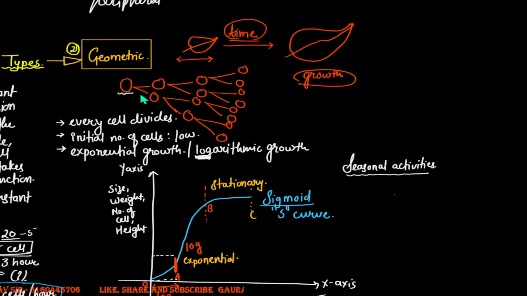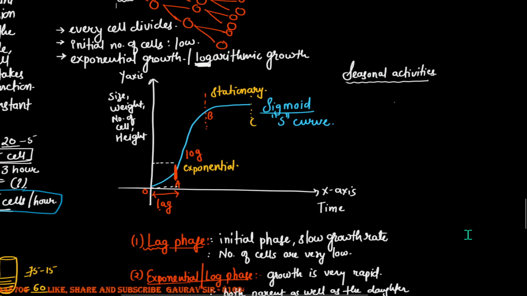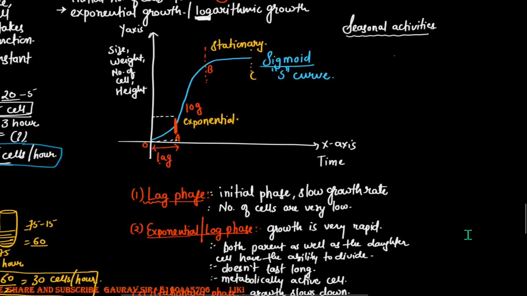The newly formed cells would divide again to form new cells, and henceforth we'll have a growth where you'll find lots and lots of cells, right? We observed that when the growth shown by this geometric type of growth is plotted on the graph, it shows us a sigmoid curve where we'll find three different phases: a lag phase, a log phase, and a stationary phase.